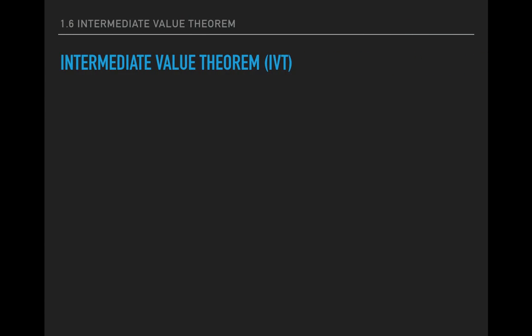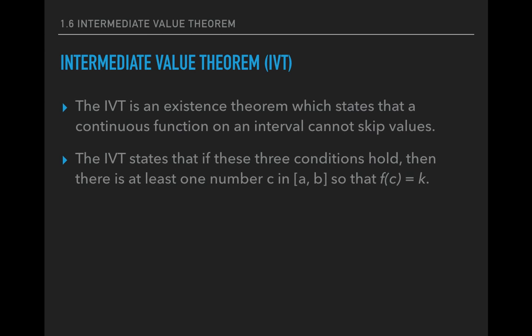First of all, we can abbreviate it and just say IVT because it is a rather long term and it's going to take you a long time to write. So, intermediate value theorem, IVT. It's an existence theorem, which states that a continuous function on an interval cannot skip values because it is continuous.